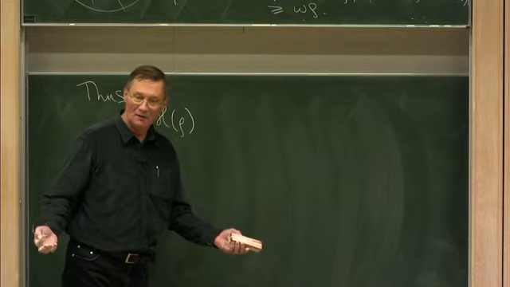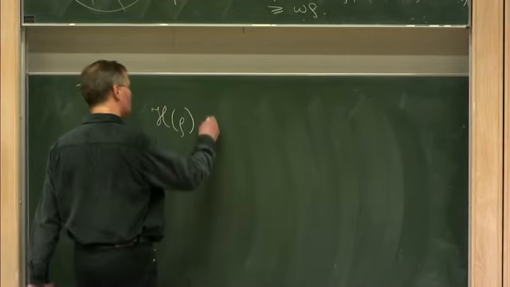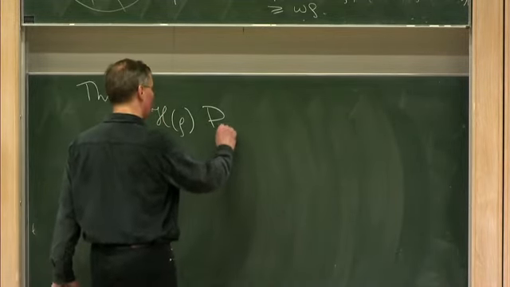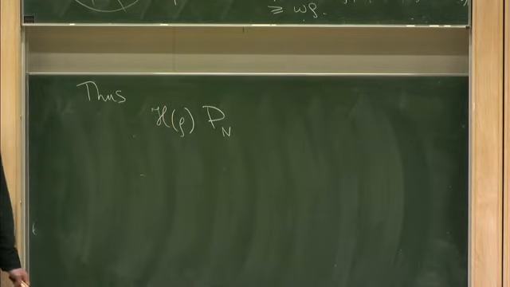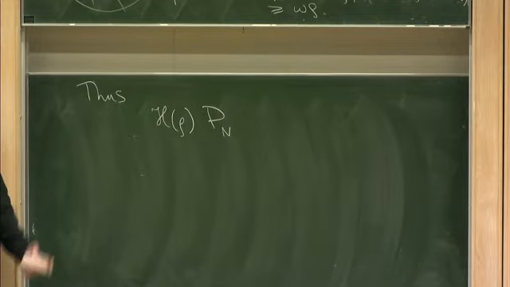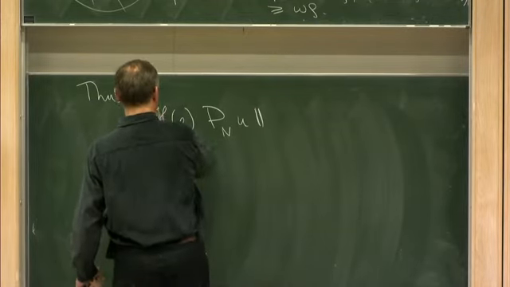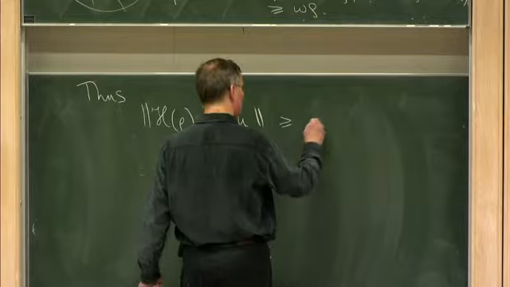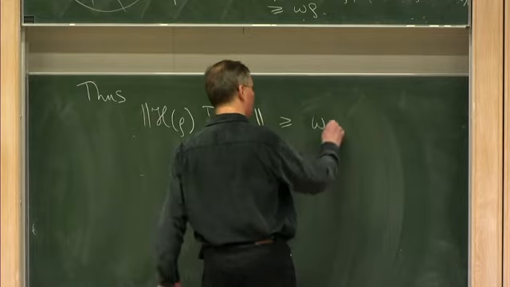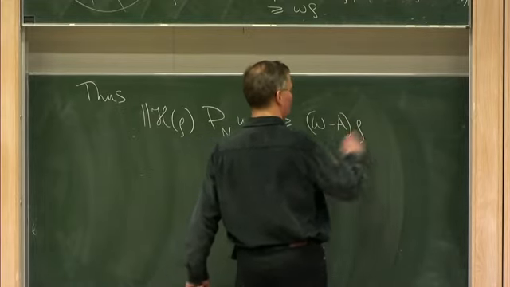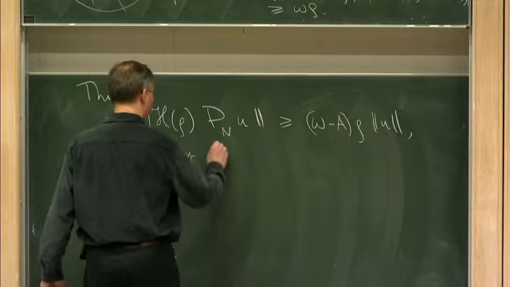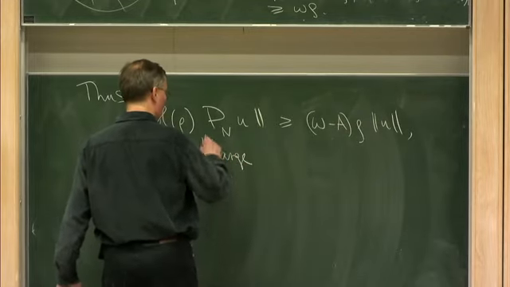Now I have to introduce the notation for this projection on the subspace, and that will be P_N. This is a natural notation, right? This is the projection on the subspace of exponentials associated with that subspace. And this will be bounded by 0. Or I can even write omega minus A rho u, right? For large omega.